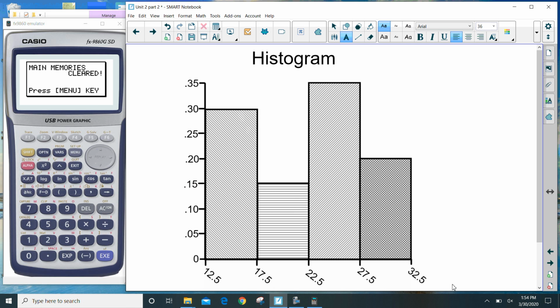Oh, and also because the bars touch, this bottom thing has to be a measurable thing. So this x-axis here has to be numbers. So you notice that between bar 1 and bar 2, they both simultaneously meet up at 16.5. So this would often be used in reference with a frequency table or something like that.